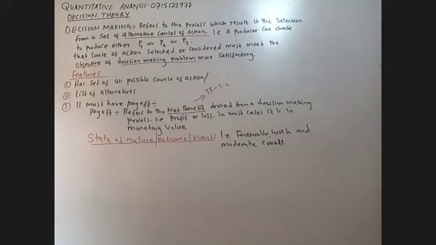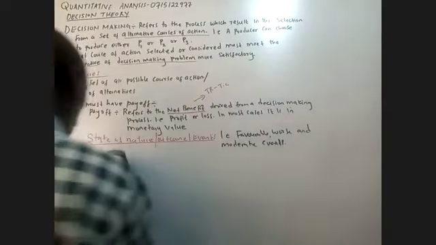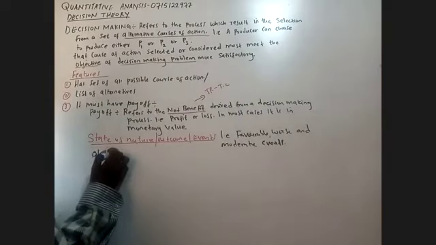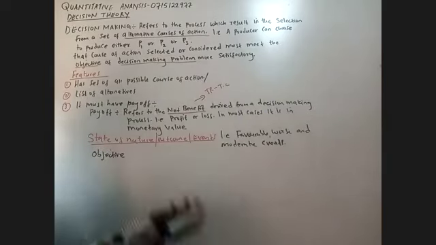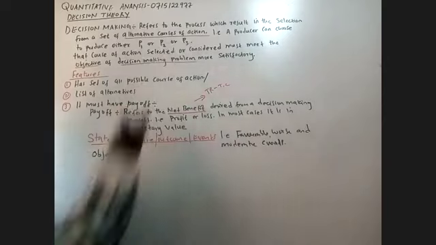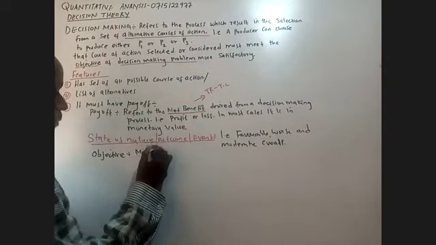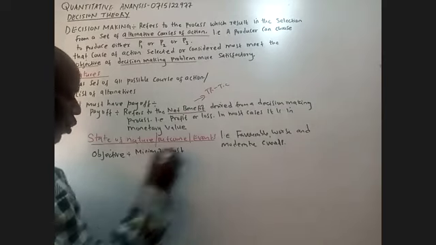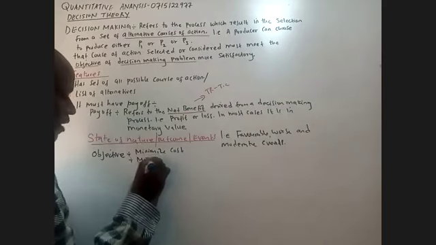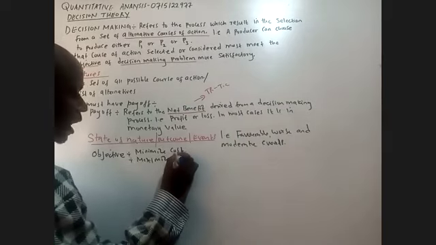Now, objectives. A decision maker has only two objectives: either to minimize the cost or to maximize profit. You can term it as a decision-making problem. Now we have two options, either to minimize cost or to maximize profits.